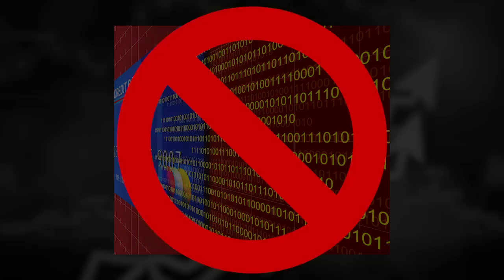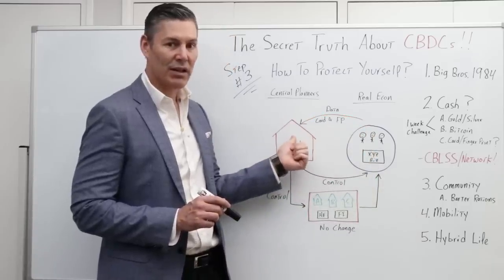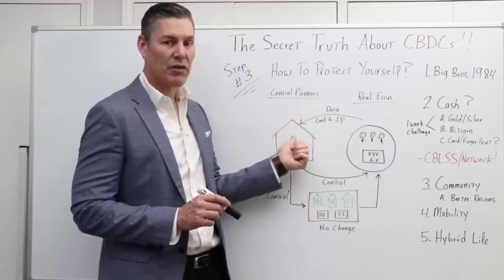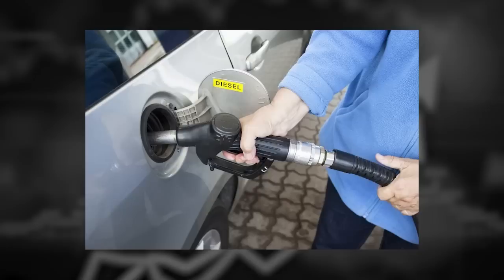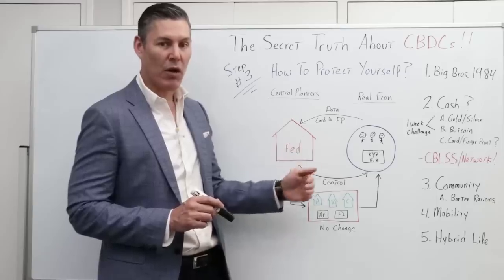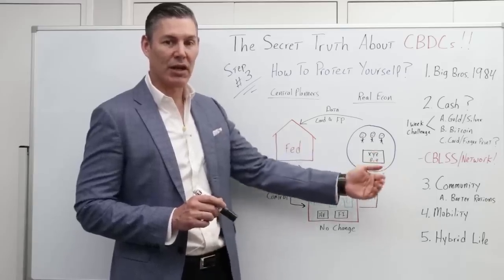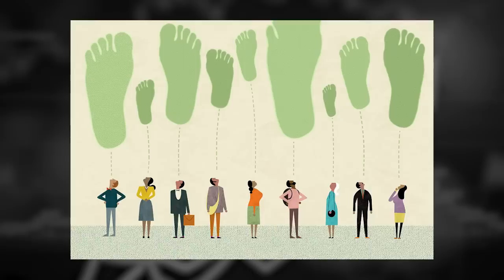There wouldn't be any data to go to the centralized ledger, so they'd have no way of knowing how much beef or how much diesel you purchased during the month, and that wouldn't go against your monthly allotment based on their climate change objectives.